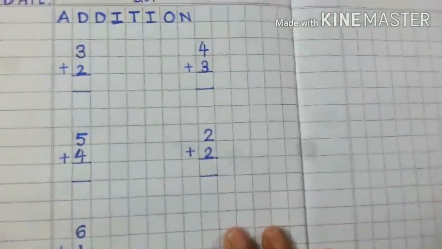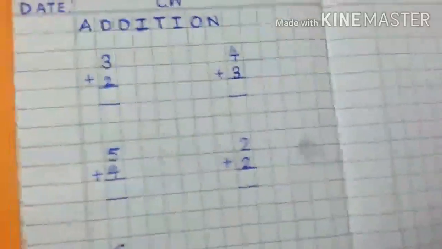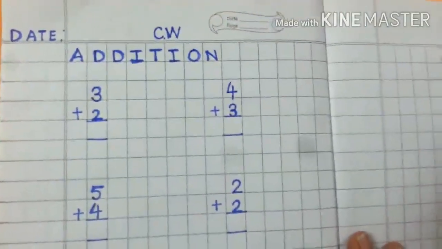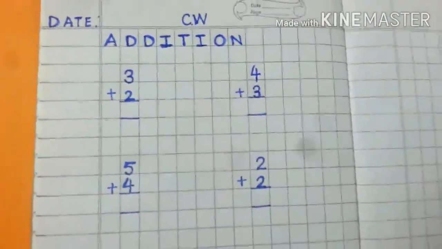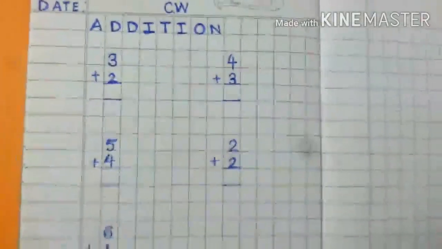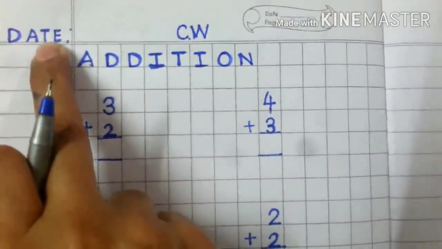Children, now we will do addition in vertical. Okay. How to solve the addition problem in vertical. Take out your notebook, pencil, eraser, open your page, write date on the top left side corner of the page.